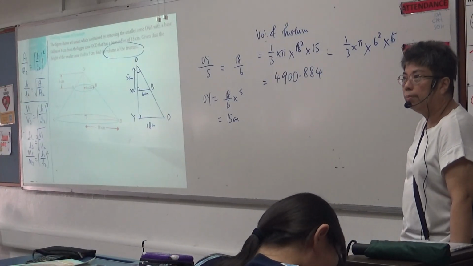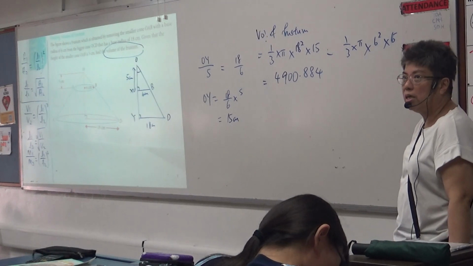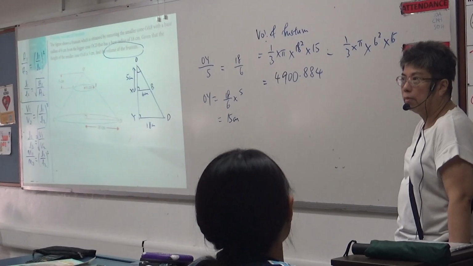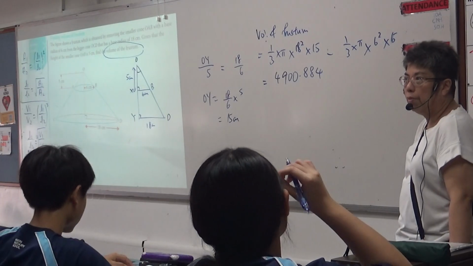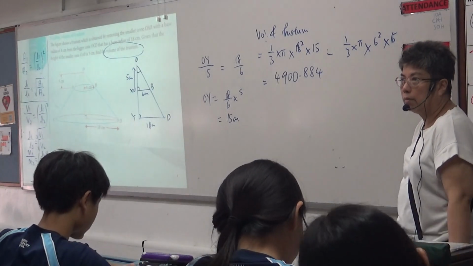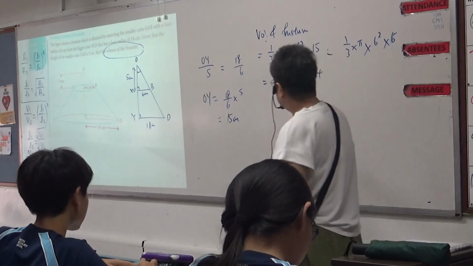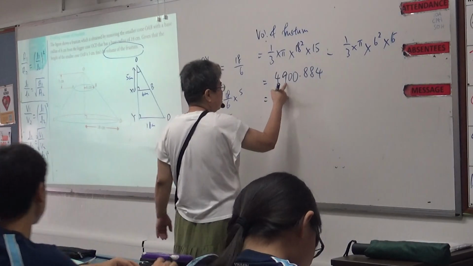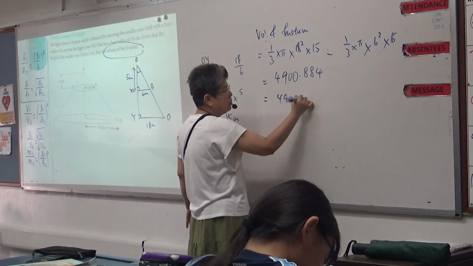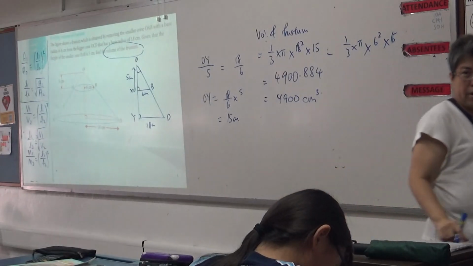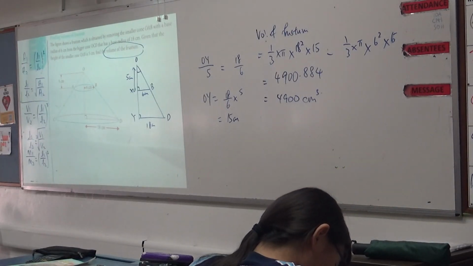Those who key in and can't even get this answer, that means wrong. Is it this answer? Yes. Okay, so to 3 significant figures, 1, 2, 3, it's just 4900 cm cubed. Correct? Yes or no? Yes.